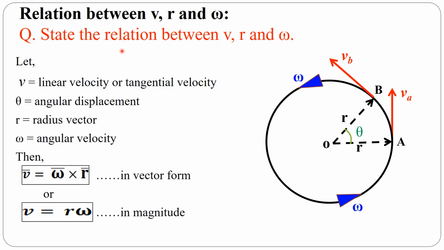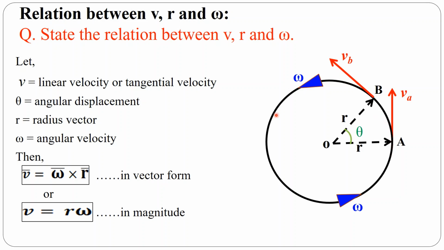A question can be asked in the exam: state the relation between v, r and omega, where v is linear velocity, also called tangential velocity, r is radius vector and omega is angular velocity. So why do we consider the relation between linear velocity and angular velocity?